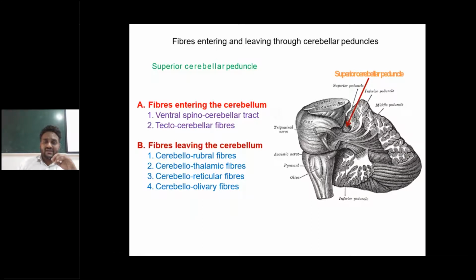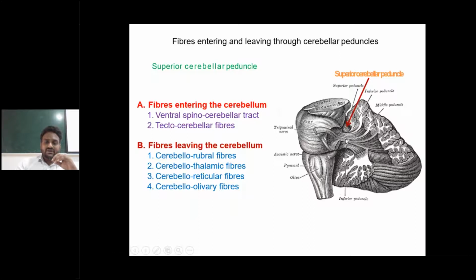As mentioned earlier, the middle cerebellar peduncle is the big, major peduncle, big in size compared to the other peduncles and present ventrally, and it connects the pons with the cerebellum.